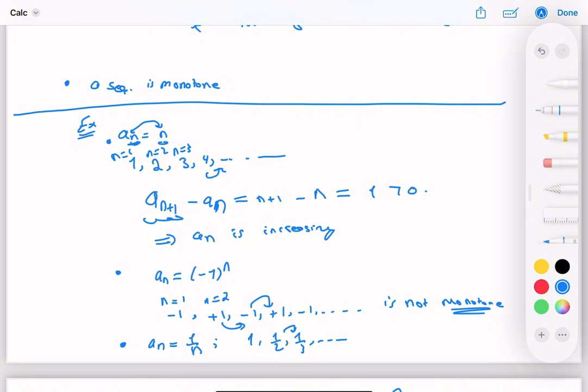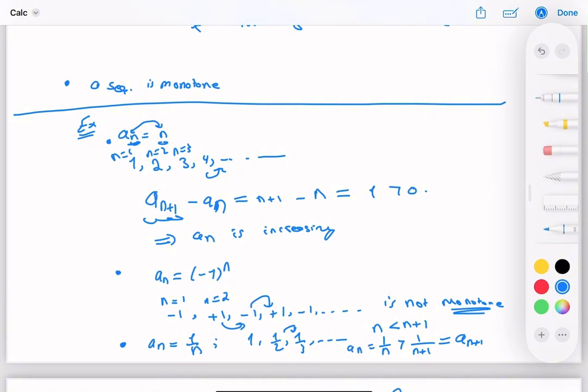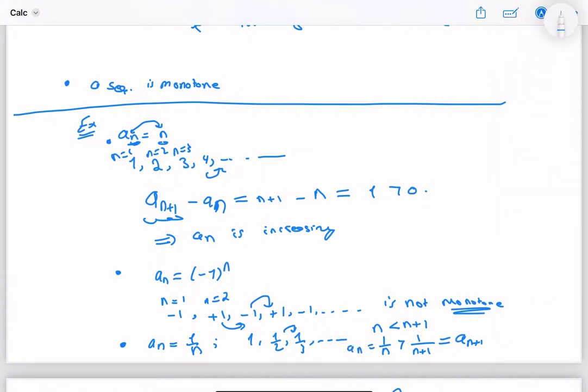And how would you prove this mathematically? Well, you know that n is less than n plus 1, right? So when you take the reciprocal of these, you're going to have 1 over n is bigger than 1 over n plus 1. You change the comparison sign, and this on the right is a_{n+1}, and this on the left is a_n, and this is just the definition of a decreasing sequence.